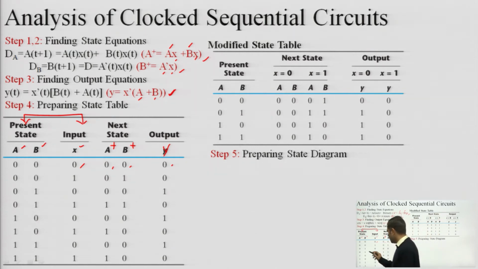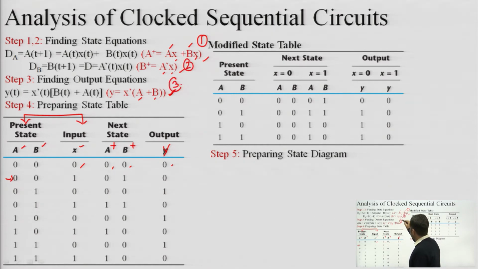Similarly, we can feed this set of values 0, 0, 1 in the 3 equations 1, 2 and 3. So this is equation 1, this is equation 2 output, and this is equation 3 output. Okay.